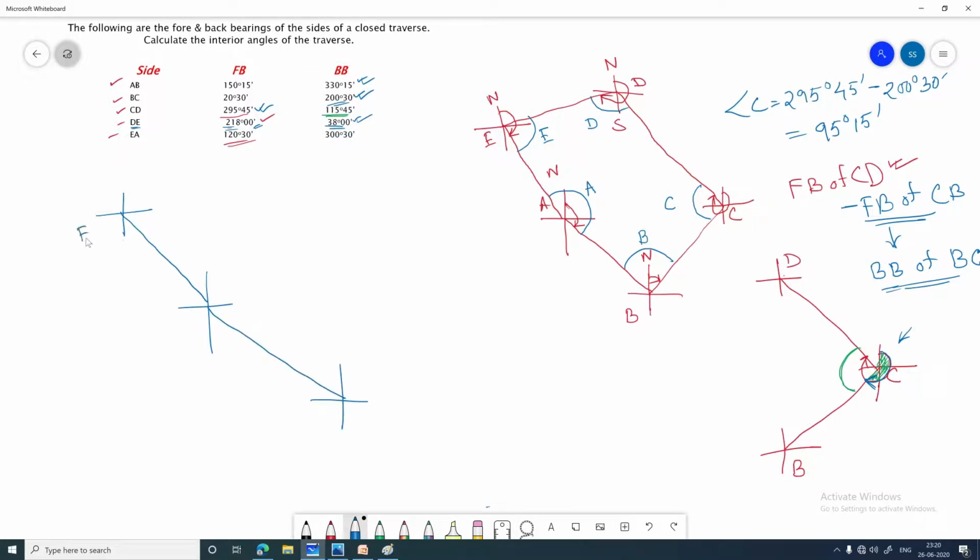So this is E, this is A, and this is B. Now we know this angle, and we also know this angle. This particular angle we need to determine, right?